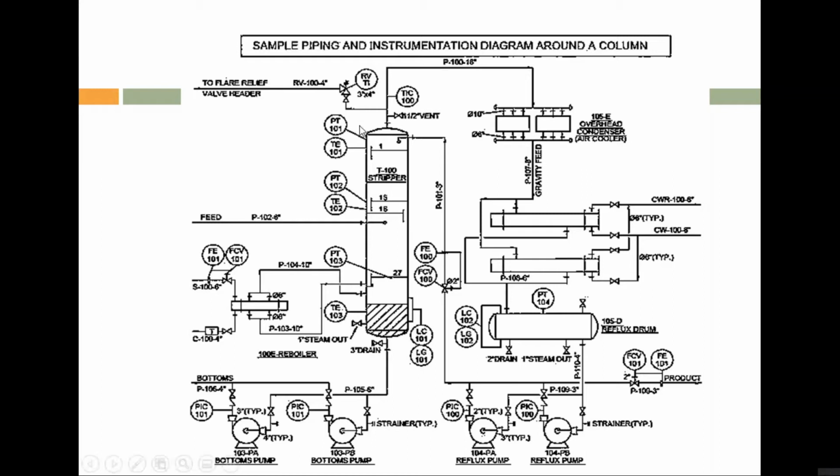One by one we are going to discuss things. First we have to discuss the purpose of the ISA standard, or simply the standard, and what its scope is. Then we have to discuss the tag number: what is a tag number, and what information does it carry? Then we have to discuss different types of symbols.